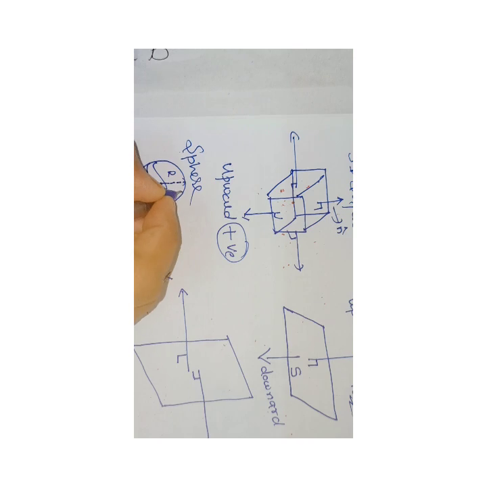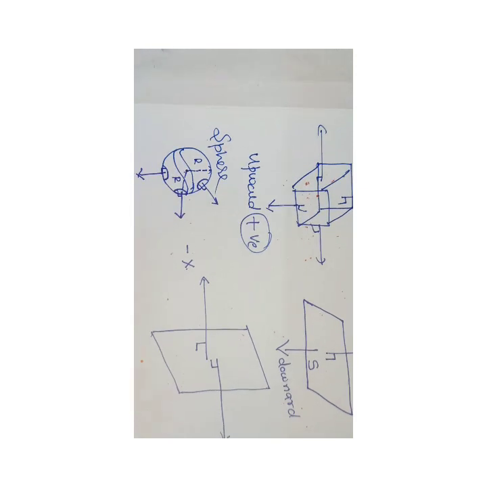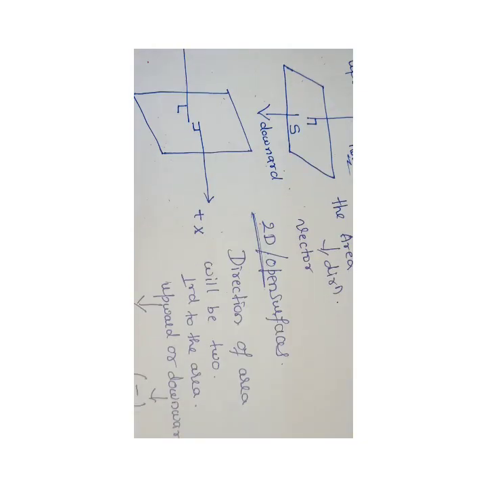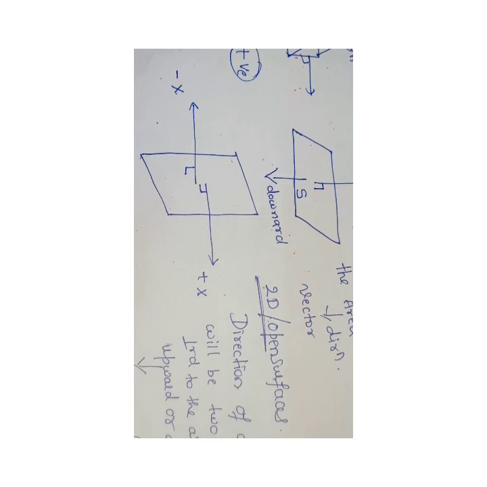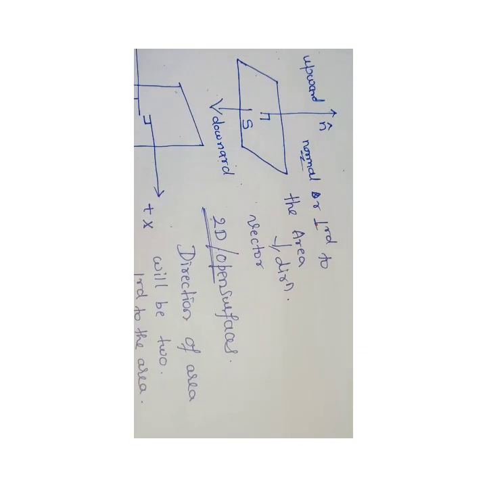If you consider this small surface here, this would be the direction, drawing the normal. If you consider this small surface, then this would be the direction of this surface. So in this way you will draw the direction of area for 3D surfaces. For 2D, two directions will be there, either upward or downward. Anyone you can consider.